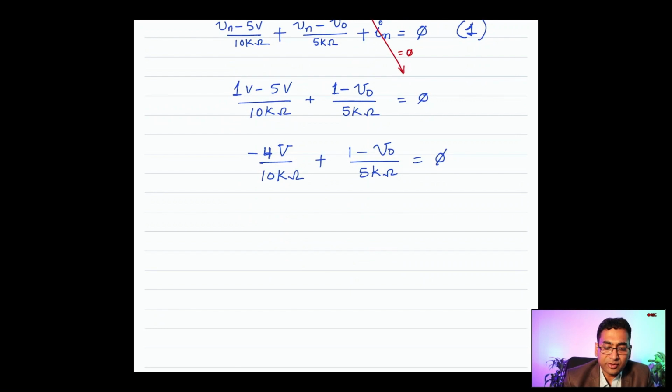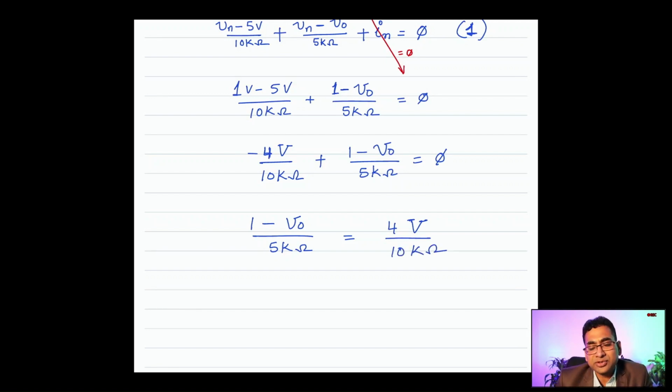So I'm going to rearrange: 1 minus Vo over 5 kilo ohms equals 4 volts by 10 kilo ohms. Multiply both sides by 5 kilo ohms. You can see that this divides twice.